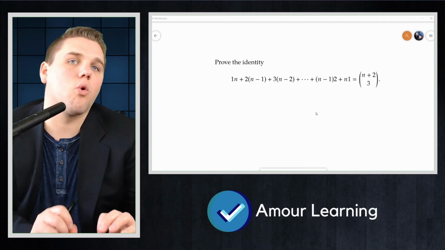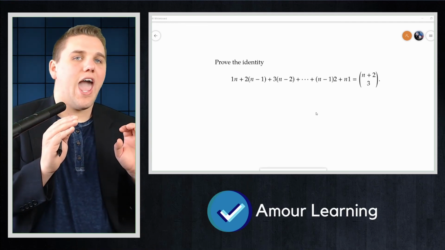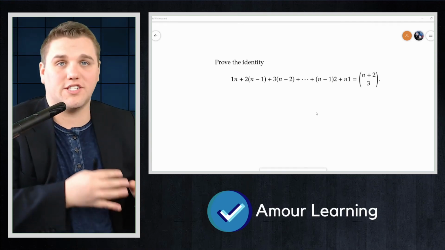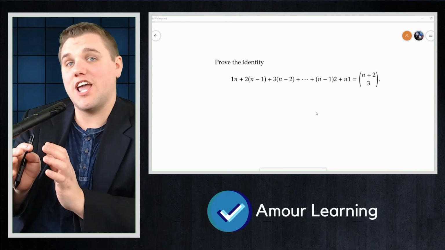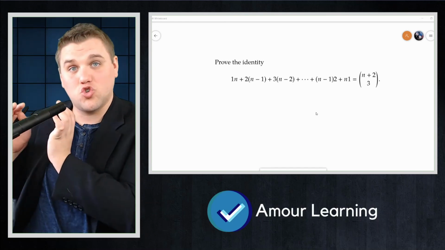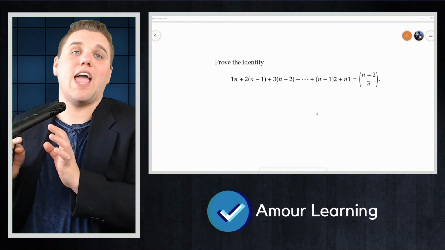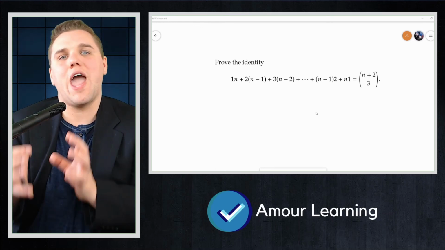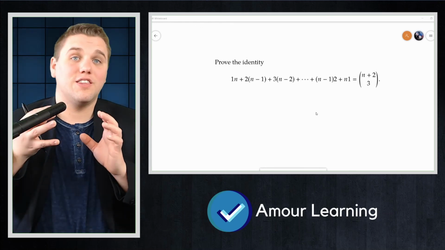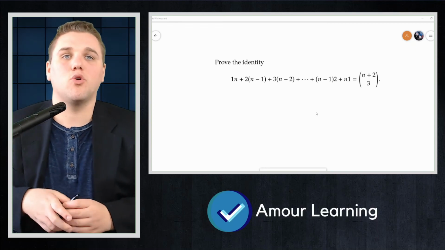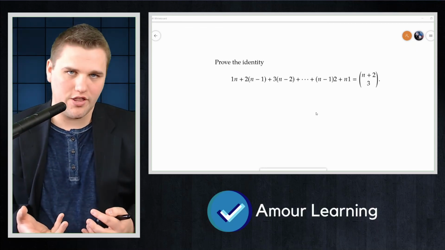All right, so we're actually going to prove this identity by answering a different question twice, and we're going to show that those two answers therefore are the same. In this case, we're proving that two things are equal to each other.